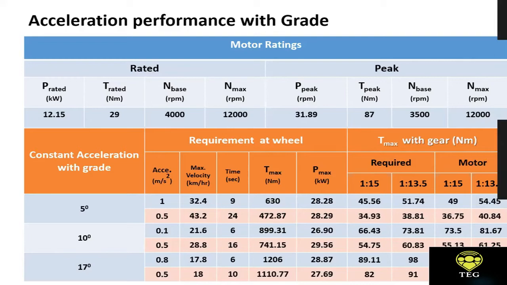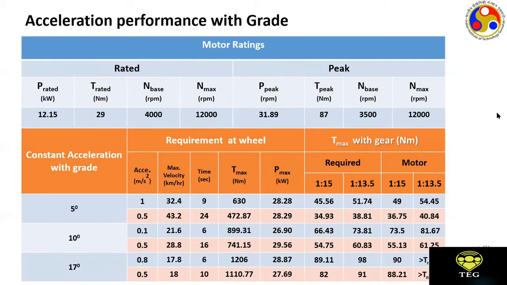Now I told you that every motor can be overloaded. That was one point which we discussed last time. The other important thing to keep in mind is that every motor has an operation known as field weakening. Field weakening is the region where you can extend the speed of the motor beyond the base speed.